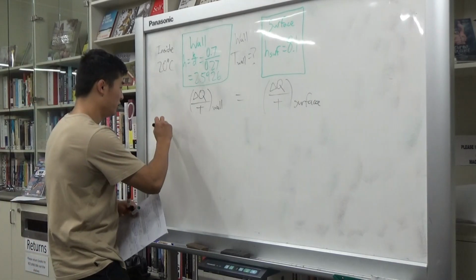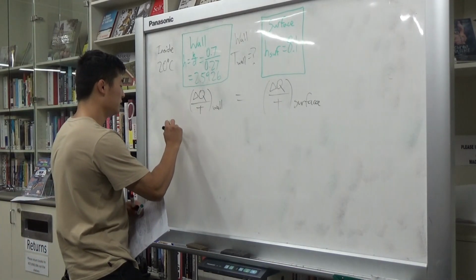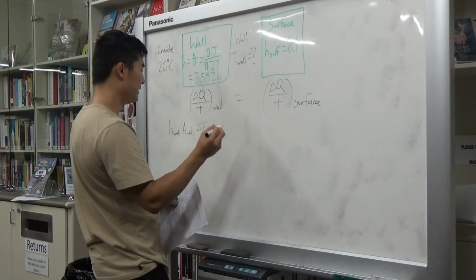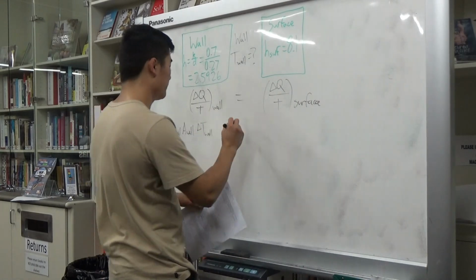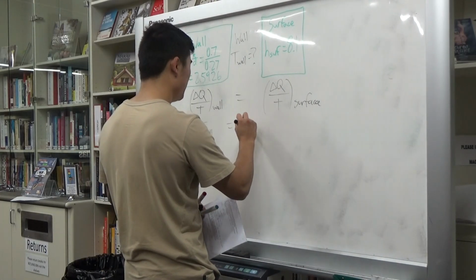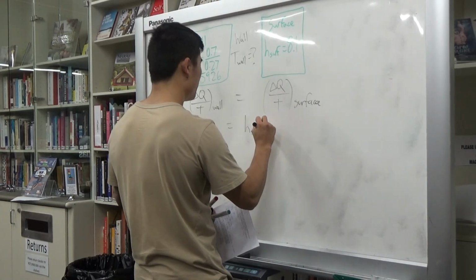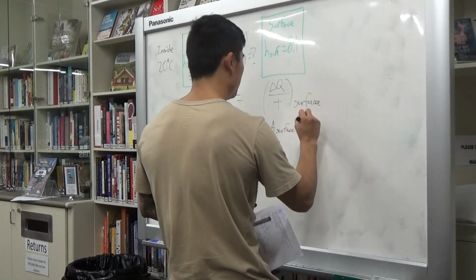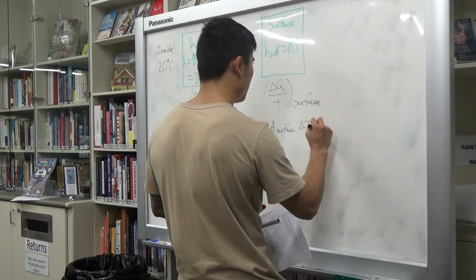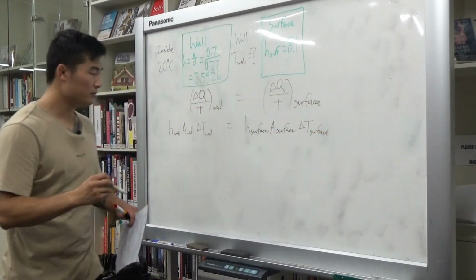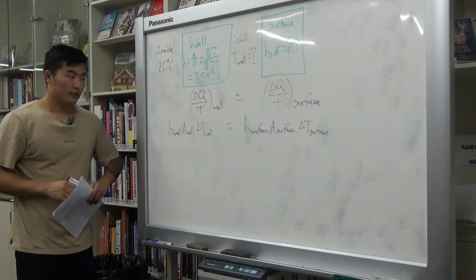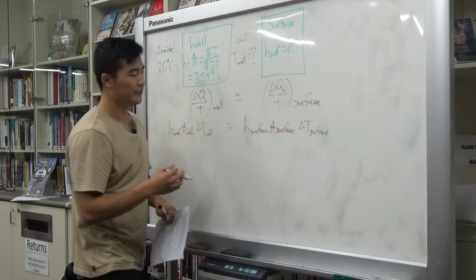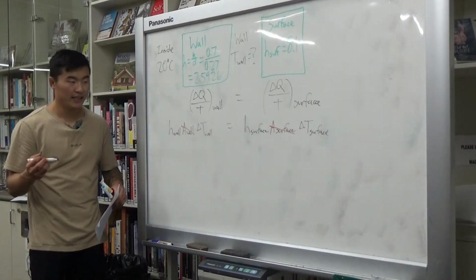Okay, so H of wall times area of wall times delta T, the difference in temperature across the wall, is equal to H of surface multiplied by the area of the surface multiplied by the temperature difference across the surface. Okay, and again, the area of the wall and the area of the surface is going to be the same, so that can cancel out.